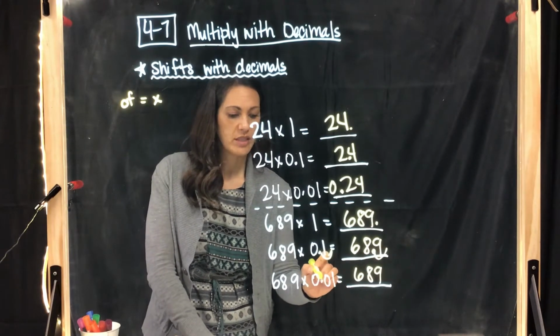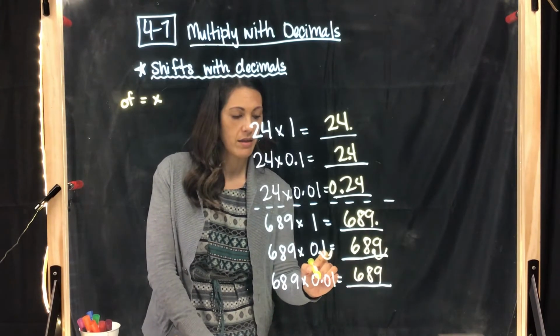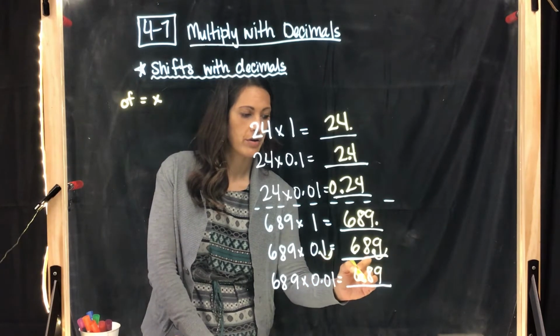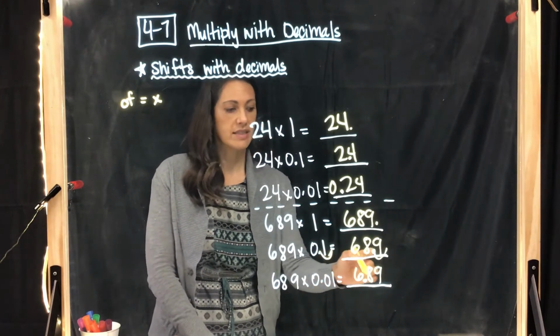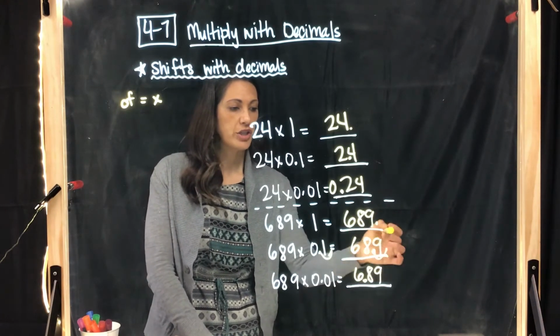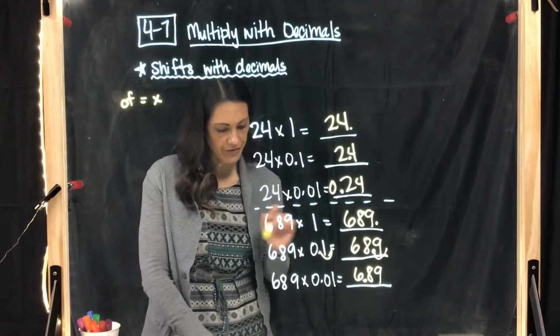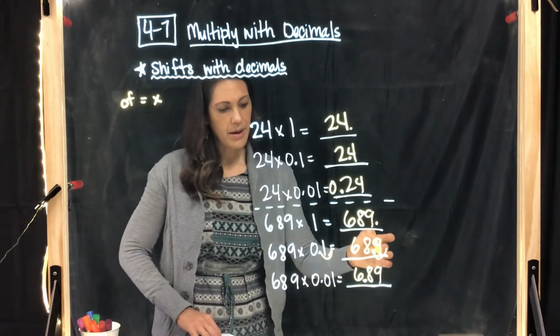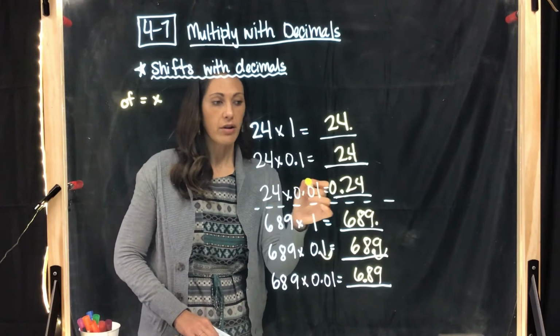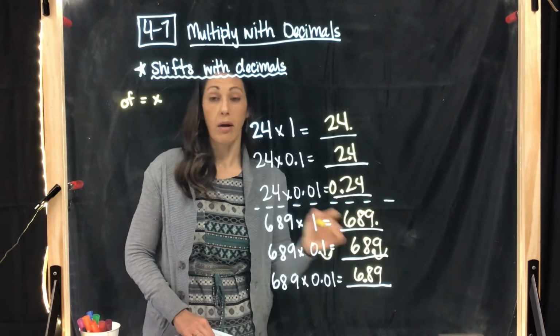There's 2 spots from the back to reach the decimal, so I'm going to do 2 here. 1, 2. So that's 6.89. So you notice the decimal shifting to the left. As you multiply by a decimal that's smaller, the answer becomes smaller.